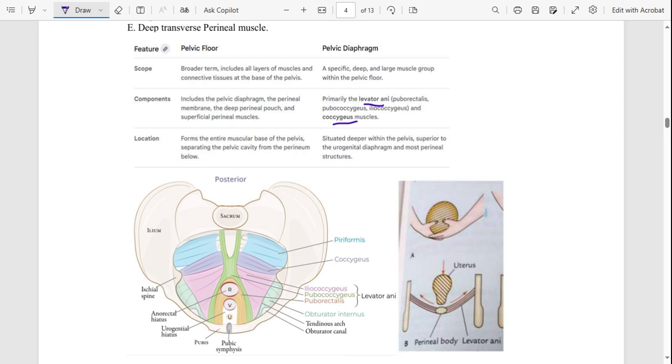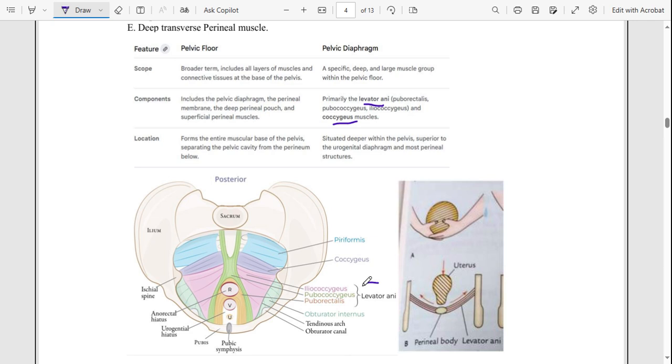Okay, these two muscles. You can see in this picture how the pelvic floor is like hands holding something. The pelvic floor holds the pelvic organs and the intra-abdominal organs from prolapsing.